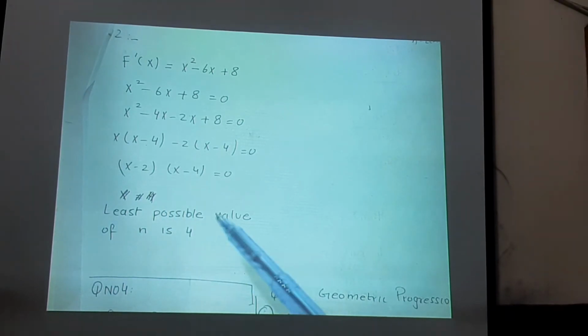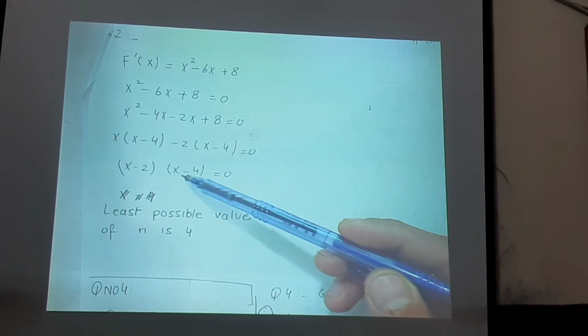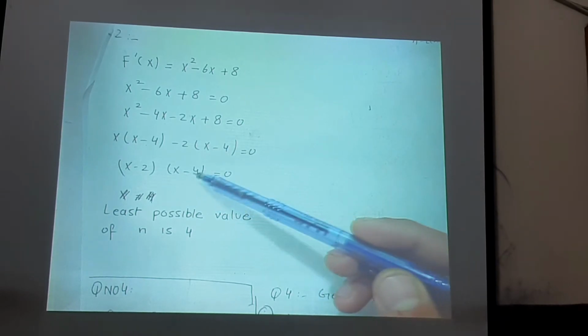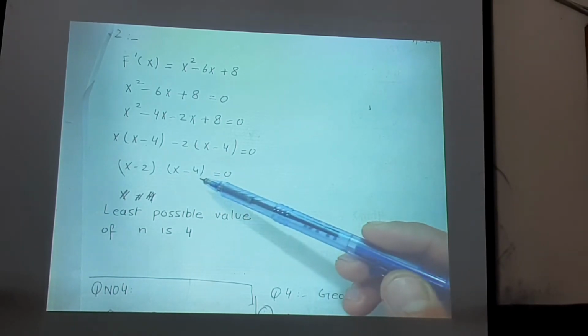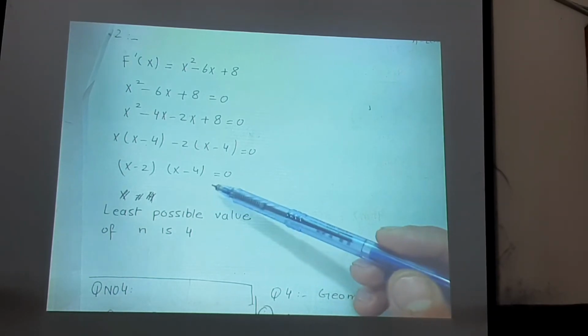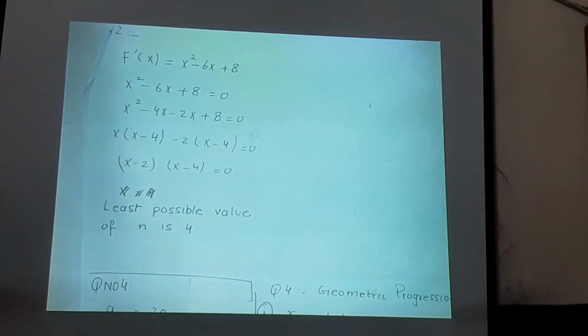Now the least possible value of n is 4, because if you use 4 here, then your answer will be 0, and x is greater than n. So when x is greater than n and n is 4, your derivative will be positive, which means it is an increasing function. So n is 4 in this case.